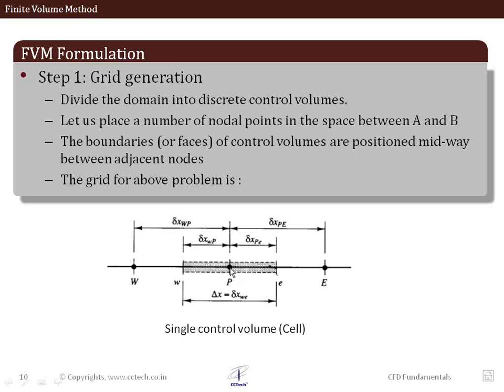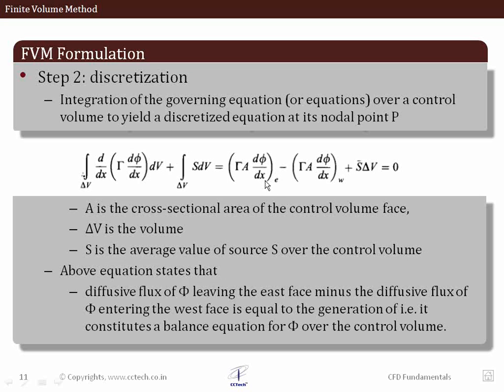We are not really interested in the north and south faces, that is the top and bottom, and what is behind this cell P on the screen, because we have the transport of the property only along the W and E faces.